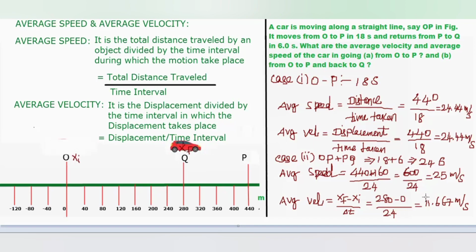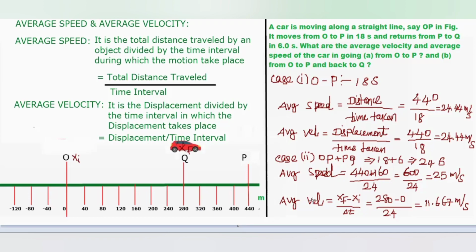As we discussed earlier, displacement and distance are not necessarily always the same. The average speed and average velocity, these two terms are also not necessarily always the same.